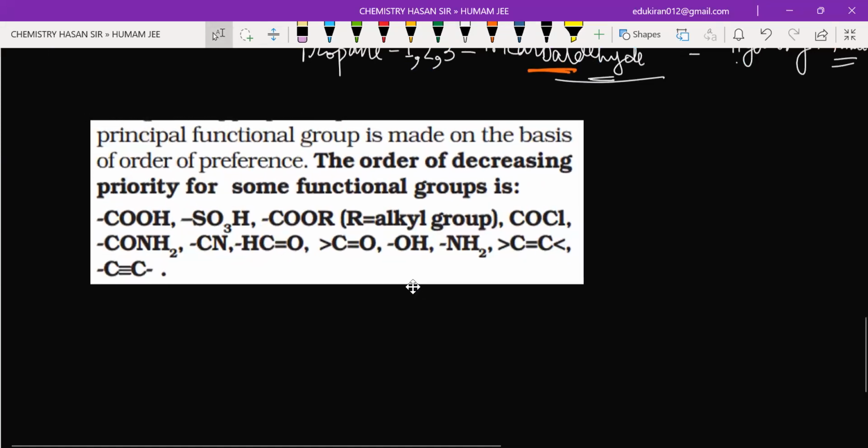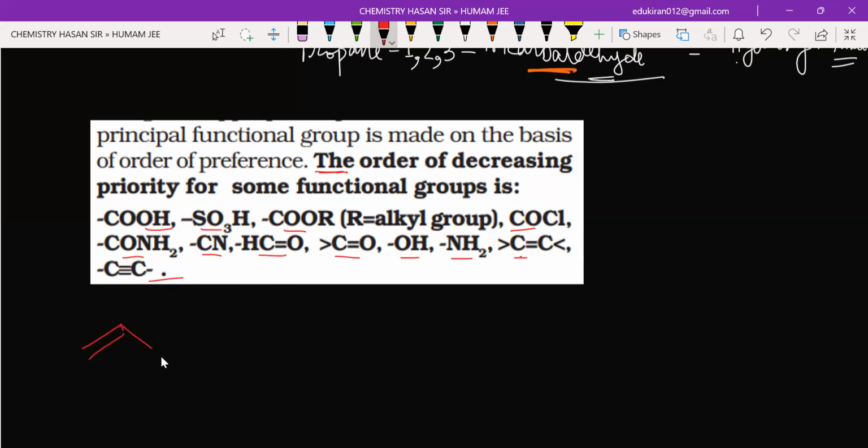Okay, so I took this from NCERT and you are going to write from here. This is the order of functional groups. Carboxylic acid is basically the senior most, then sulfonic acid, then ester, acyl halide, amide, cyanide, aldehyde, ketone, alcohol, amine, then double bond, then triple bond.